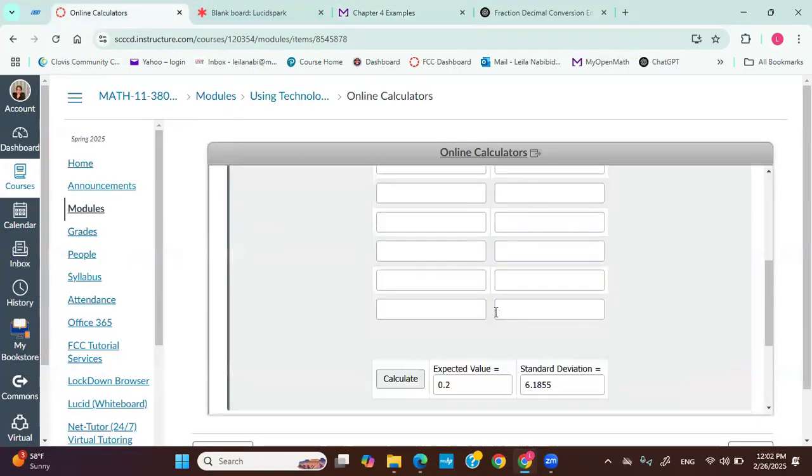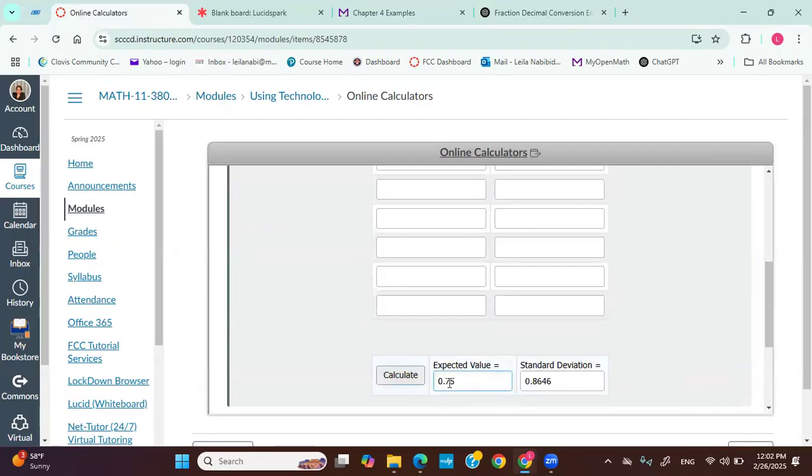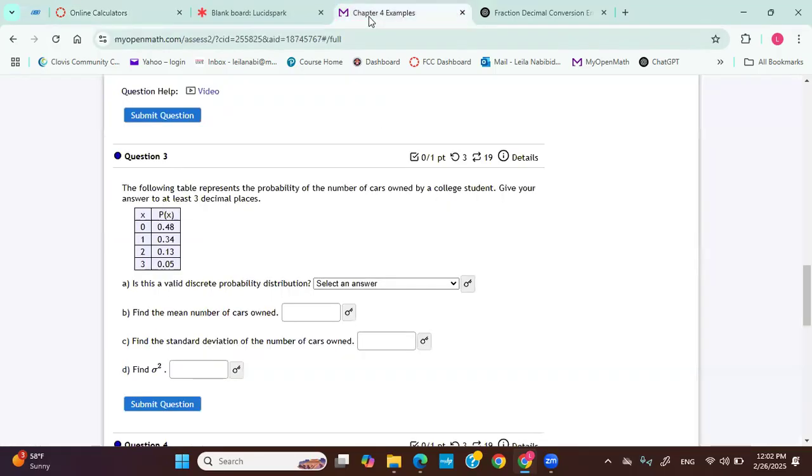Okay, now let's see what we get. So the expected value is 0.75. First of all, it asks, is this a valid discrete probability distribution? A valid discrete probability distribution means every probability must be a number between 0 and 1, which when you look at this one, you see that they are.